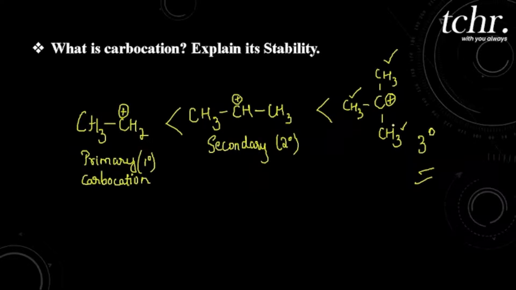It cannot react very fast, so we say that it is highly stable. Therefore when it comes to reactivity, primary is more reactive than secondary, and secondary is more reactive than tertiary, because primary doesn't contain much bulky groups, it contains only one alkyl group, so it can easily undergo reaction. So this is the way of explaining the stability as well as reactivity.